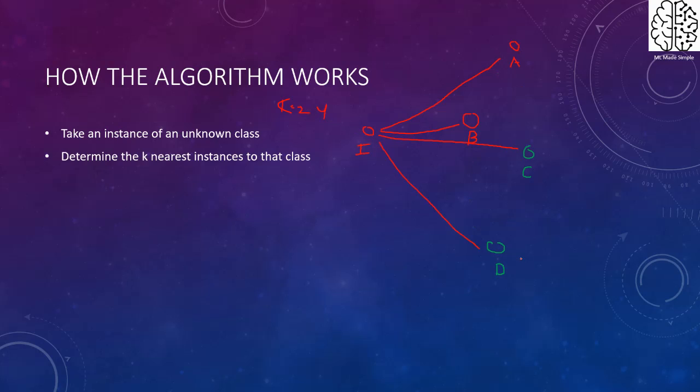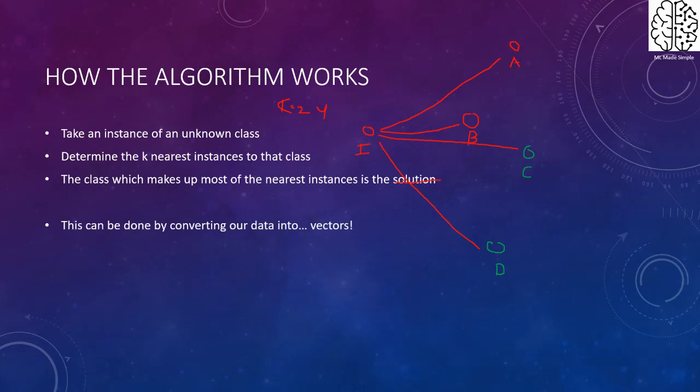There's the same number of red as there are green, so we just pick a random one and use that as the class to classify our unknown instance. The class which makes up the most of the nearest instances is the target that we're going to go with. This should actually say target. That's my bad.